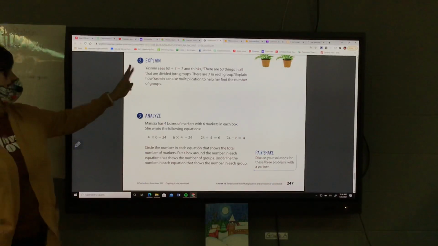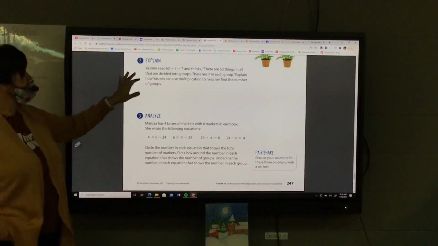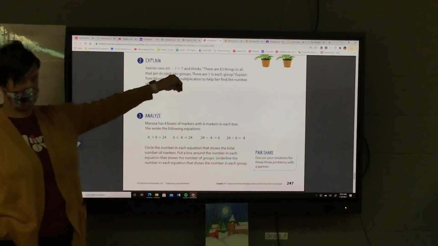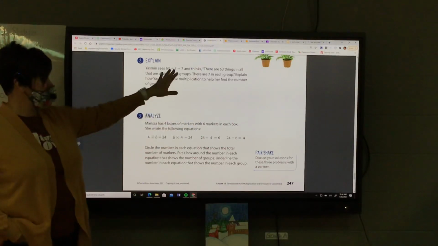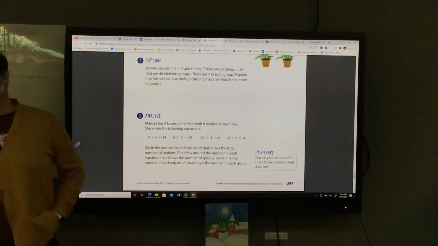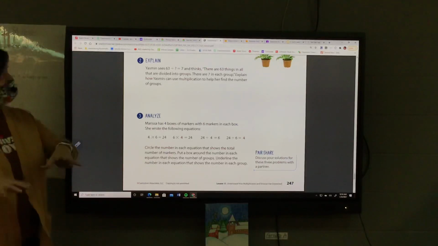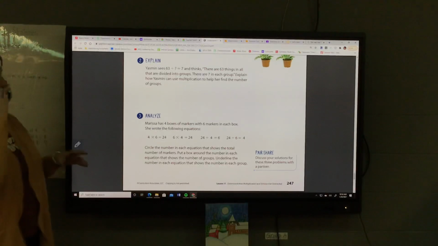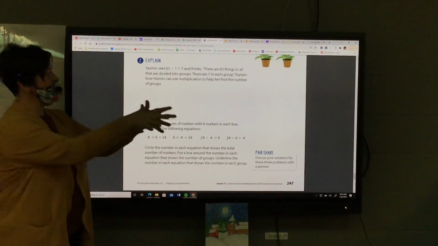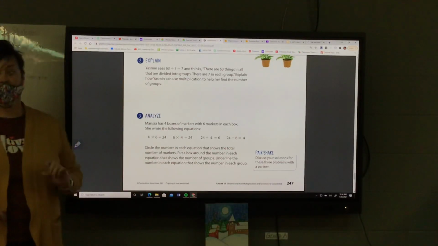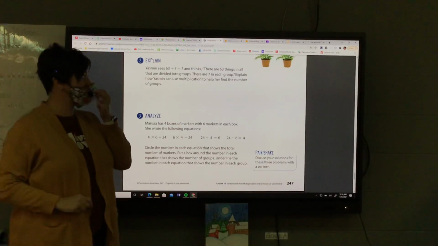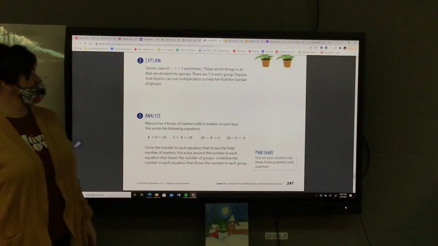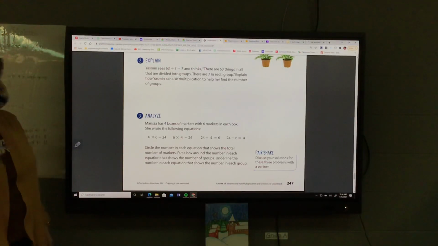Okay, look at 2. Explain. Yasmin sees 63 divided by this number equals 7 and thinks there are 63 things in all that are divided into groups. There are 7 in each group. Explain how Yasmin can use multiplication to help her find the number of groups.